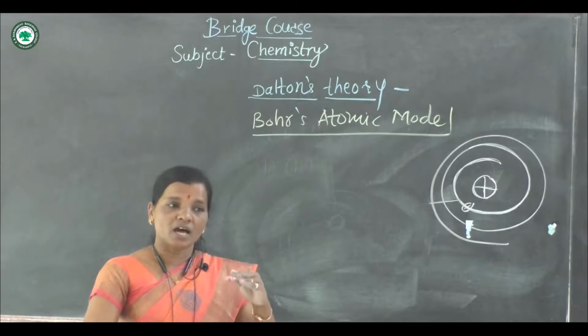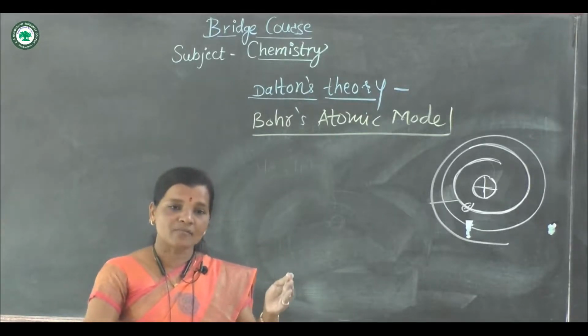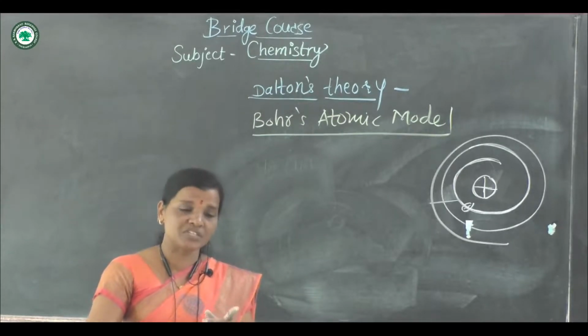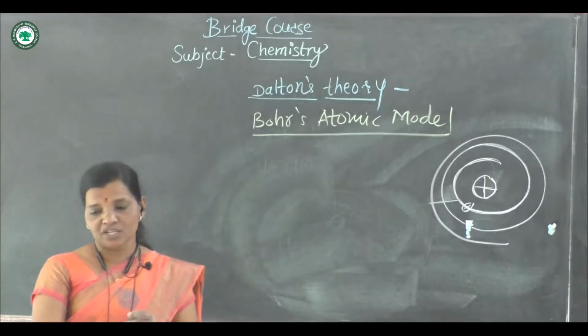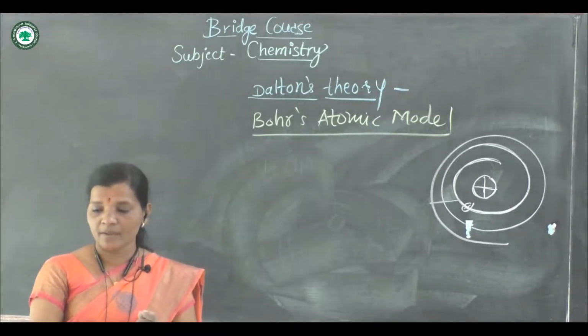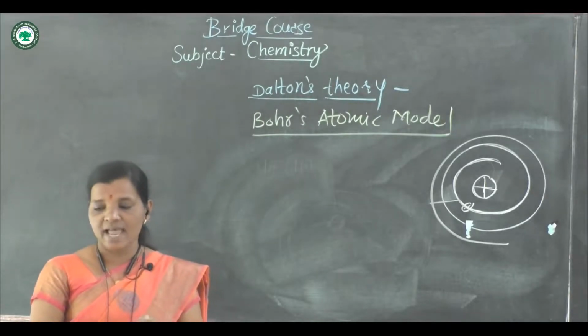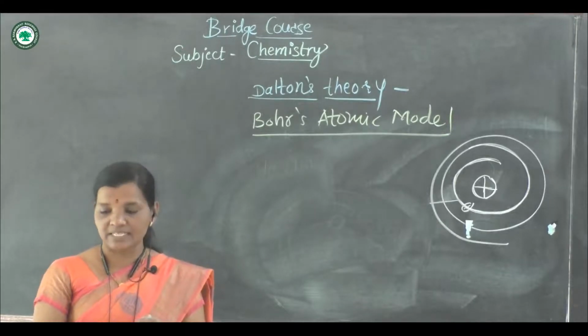And when energy is emitted, electrons come back from a higher energy level to a lower energy level. So emission and absorption take place, and the frequency of radiation absorbed or emitted when transition occurs between two stationary states that differ in energy is given by delta E.